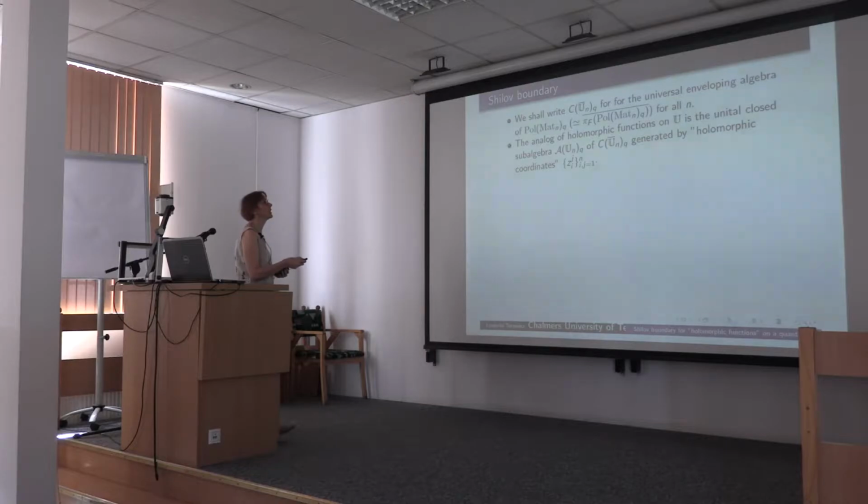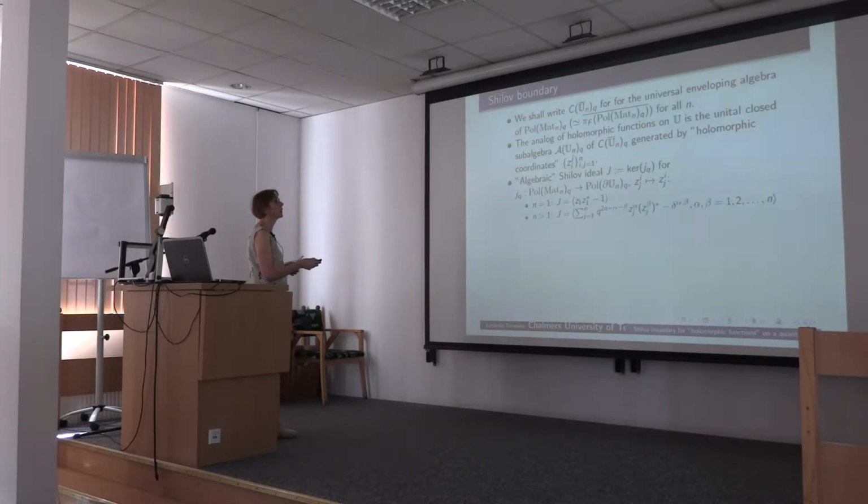The Q analog of holomorphic functions on this unit ball is the unital closed subalgebra generated by these holomorphic coordinates. We take the image of the holomorphic coordinates in the Fock representation and generate an operator algebra, not a star algebra, just an operator algebra. So it will be a Q analog of holomorphic functions.